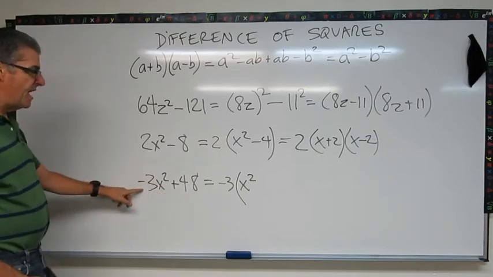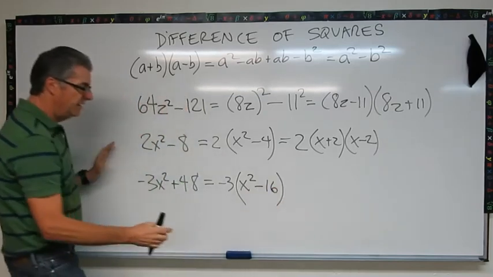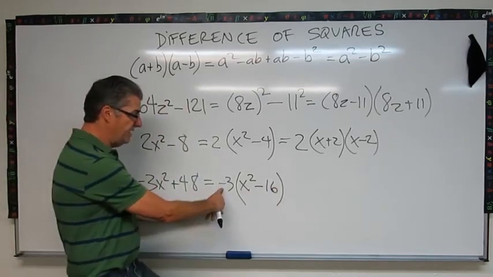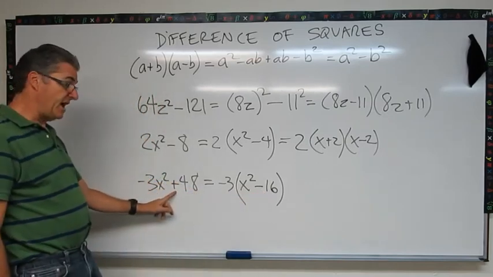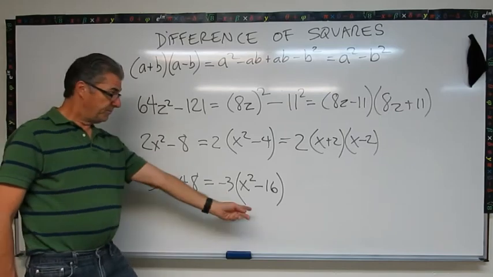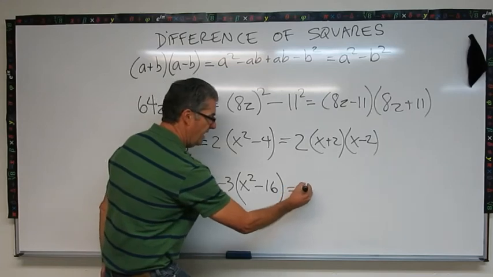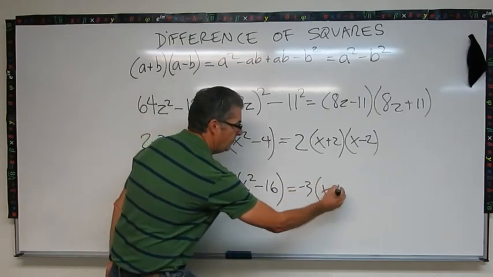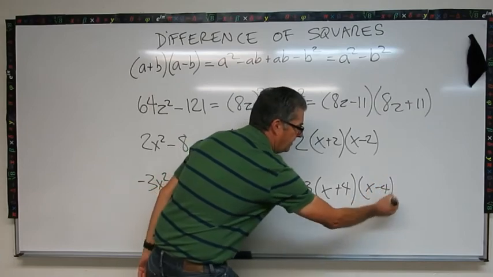But I factored out a minus 3. So I'm going to have minus 16 there. And the way I check is if I go minus 3 times minus 16, I get back to positive 48. Okay? So now I have my minus 3 outside. And guess what? I got a nice little perfect square right in there. So this is going to be minus 3 times x plus 4 times x minus 4.